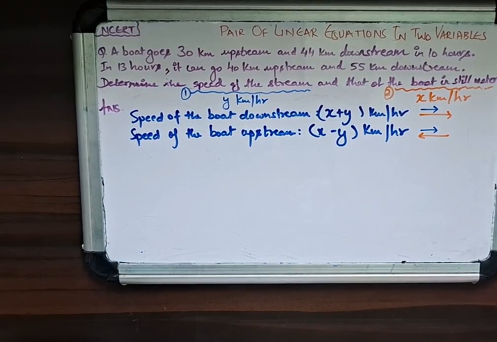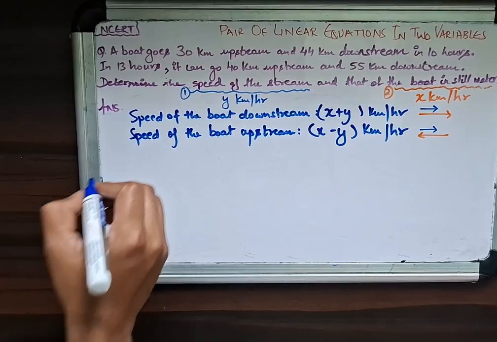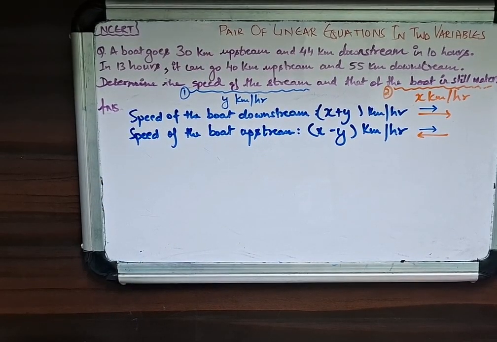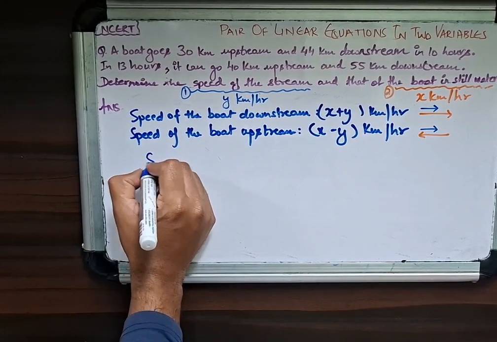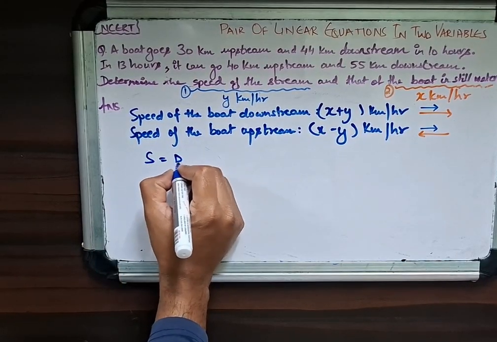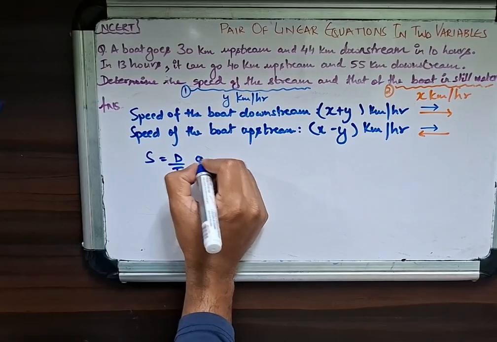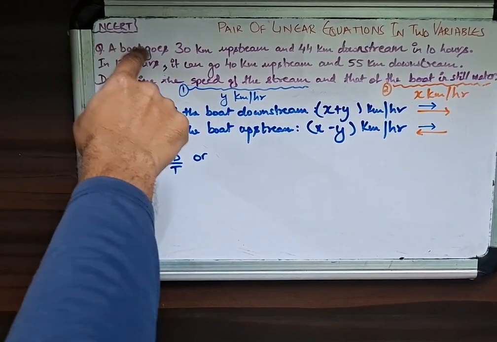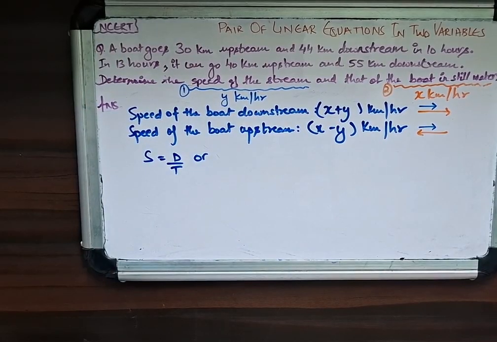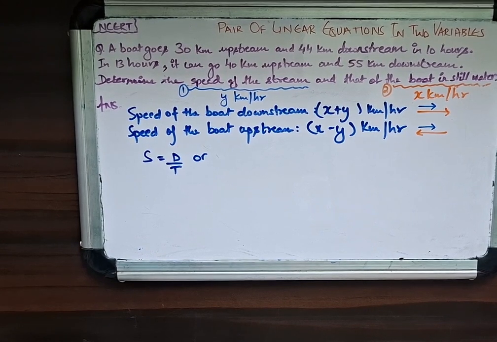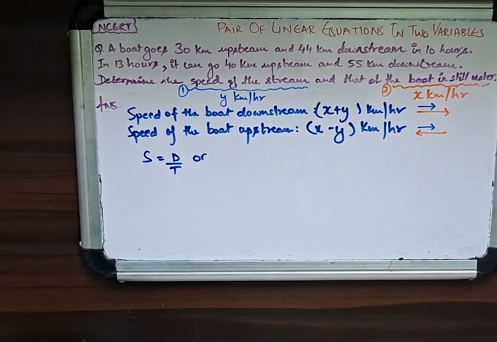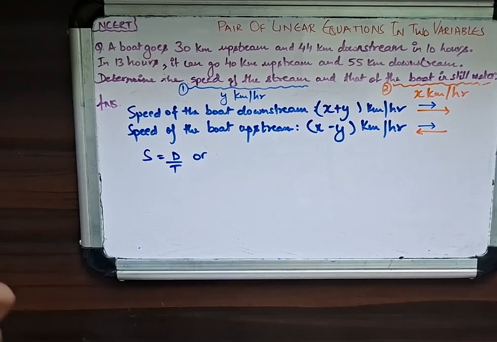Before we get to that, let us review the formula that connects speed, distance and time. Speed is equal to distance upon time. Since both these statements give us the total amount of time a boat takes to go a certain number of kilometers upstream and downstream, we will think in terms of time.